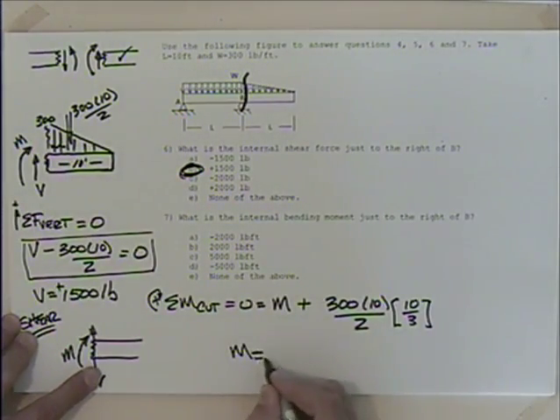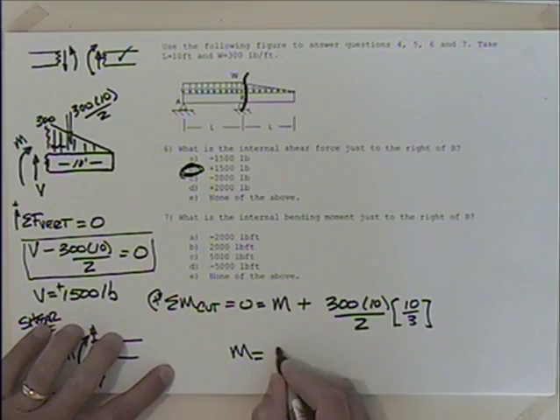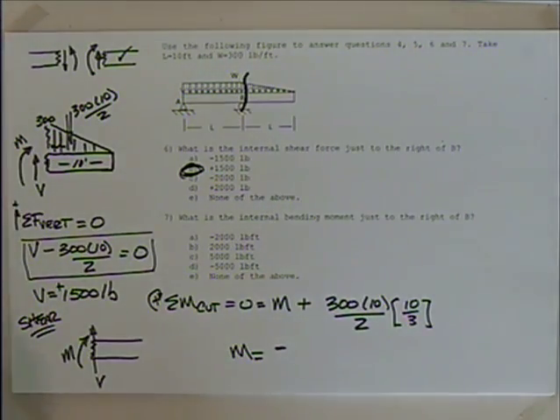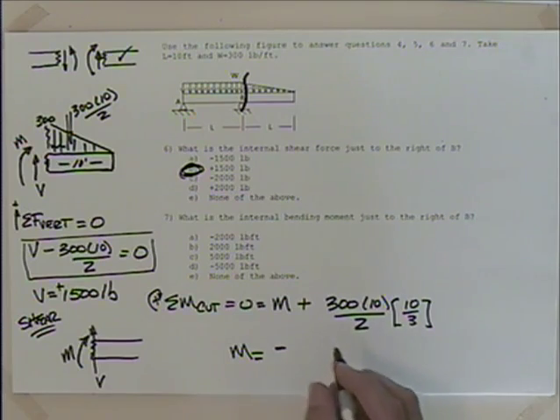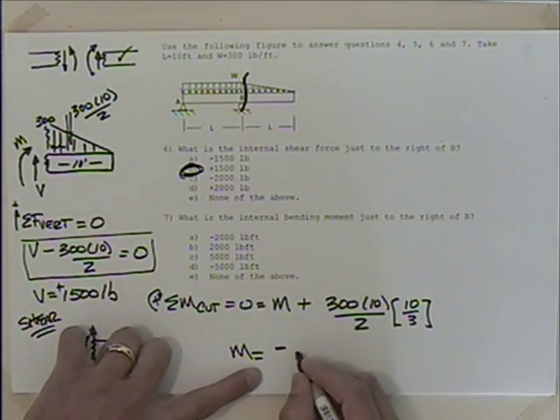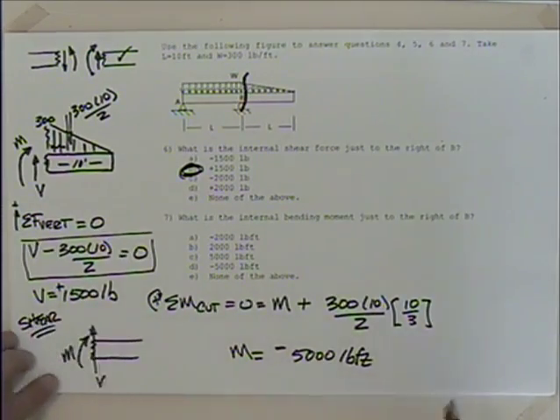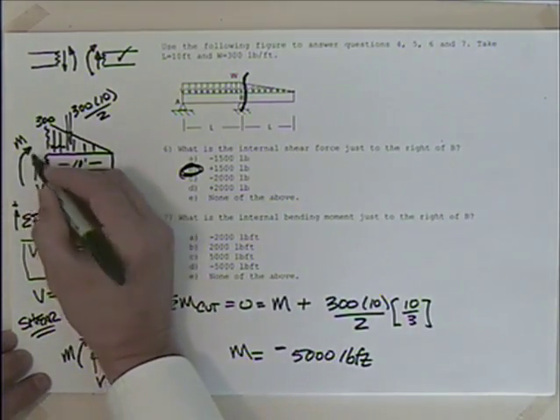So I could say that M is equal to, turns out to be a minus 5,000. And again, the negative comes from this convention.